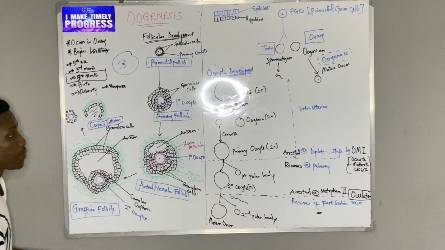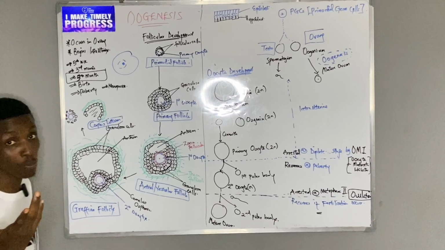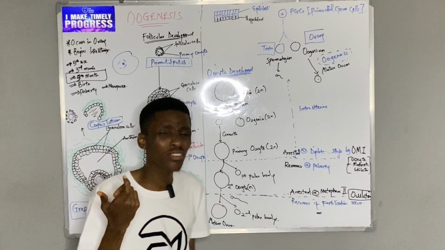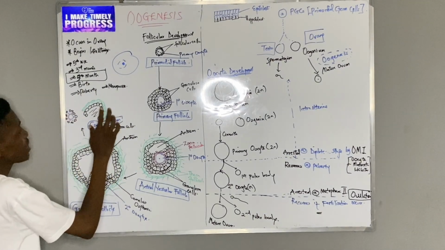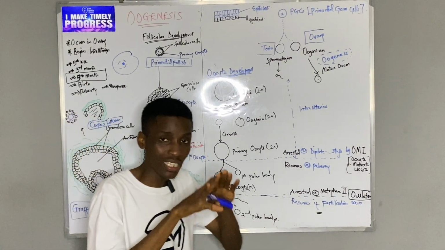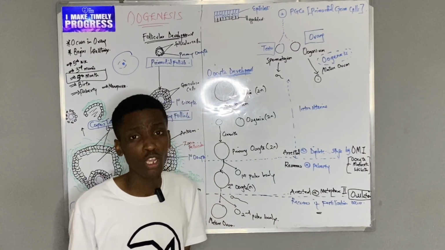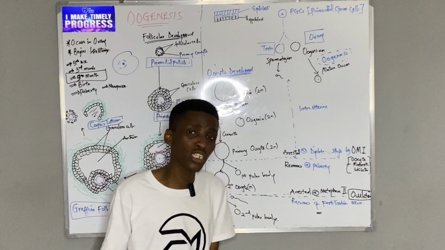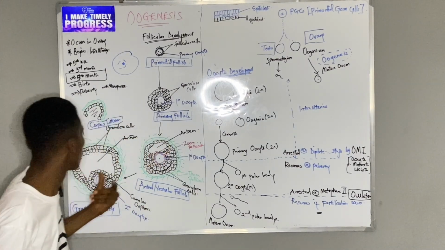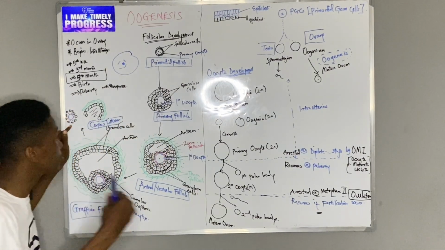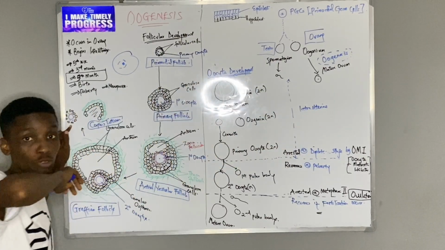And it produces progesterone majorly. Though we are told they produce small amounts of estrogen, it is majorly progesterone. And this progesterone helps in preparing the uterus for implantation. Remember, God was wonderful in his creation, that he made sure that if I am ovulating an egg to be fertilized, I need to also prepare where it has to go and implant.